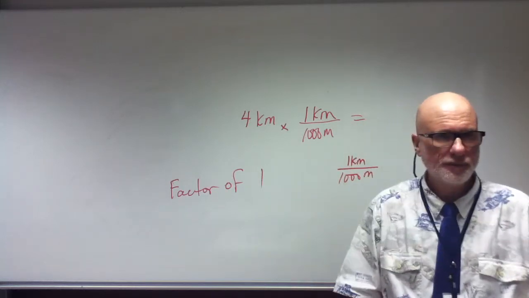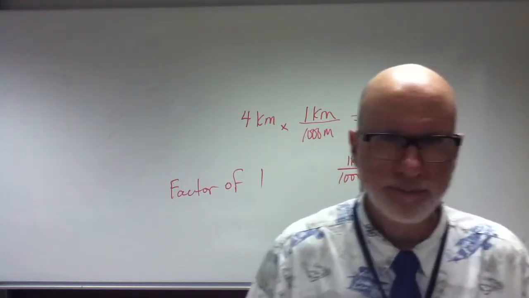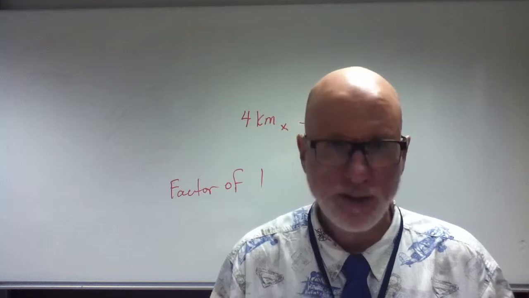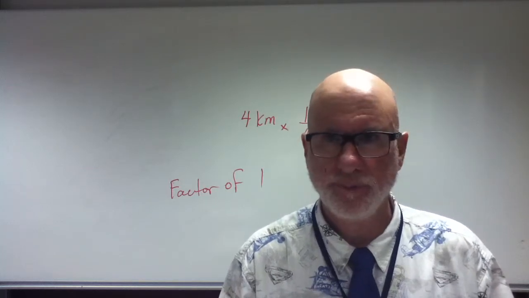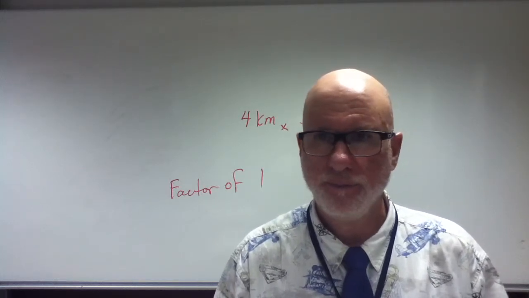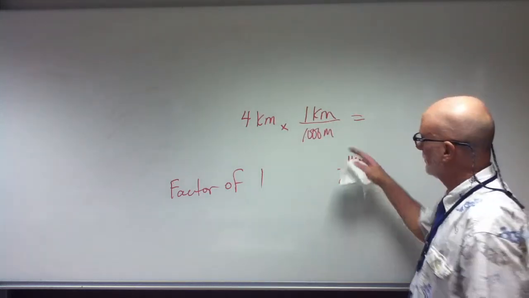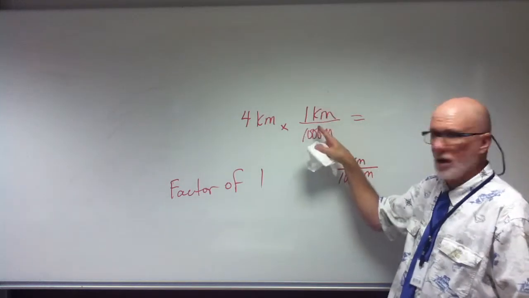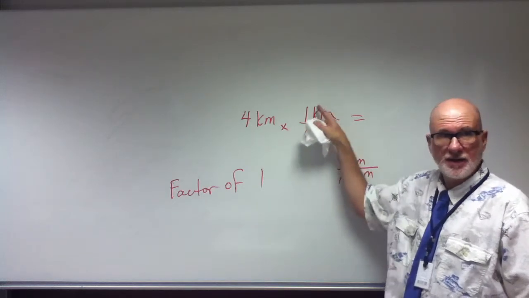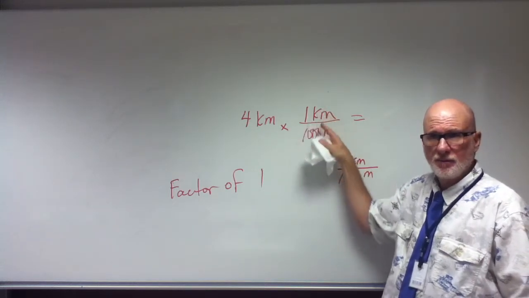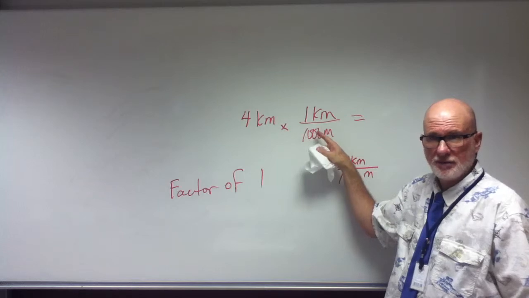Is that going to work? It is? No. What do I have to do? I have to flip it, don't I? Is that 1? Doesn't it equal 1? Right? Yes or no?